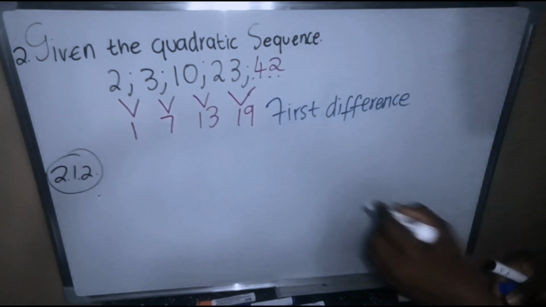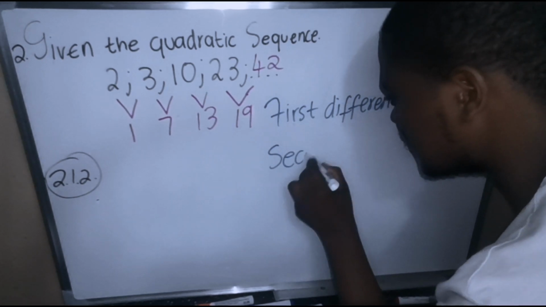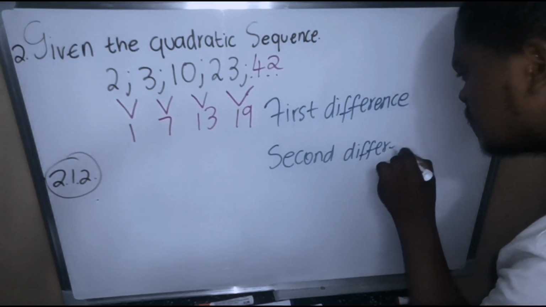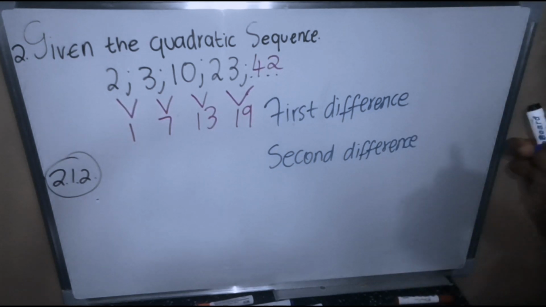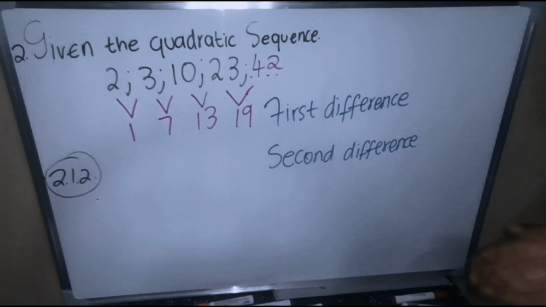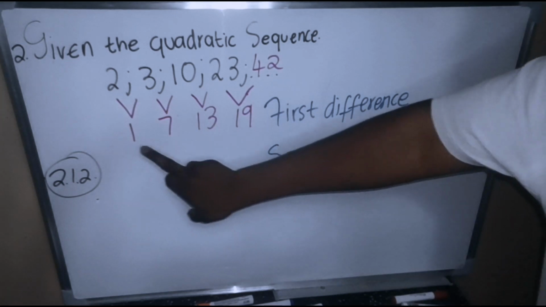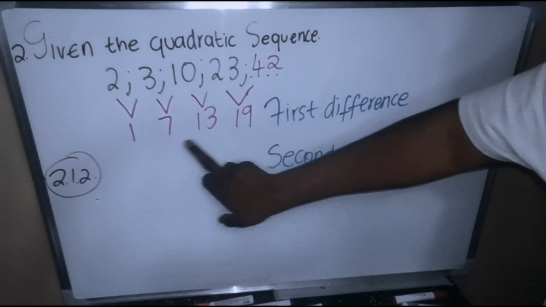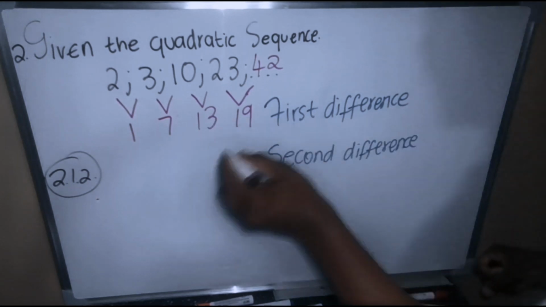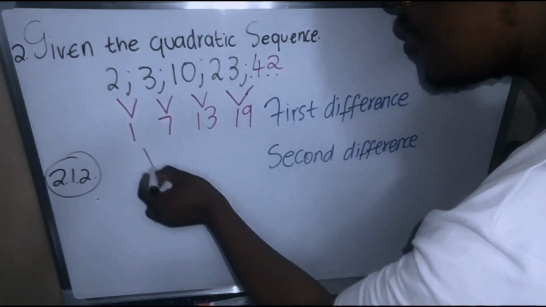Now we need to find the second difference. How do you find the second difference? We do exactly the same thing that we did here. We say term number 2 minus term number 1, term number 3 minus term number 2, term number 4 minus term number 3. That's how we're going to find the second difference. And it should be constant, remember.